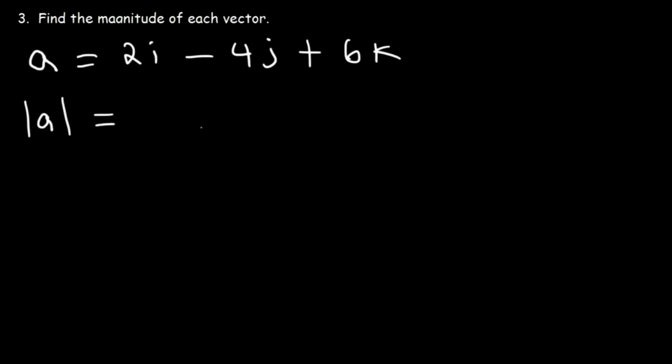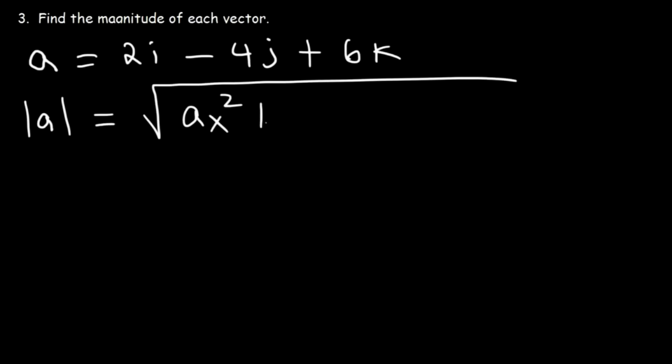Now let's find the magnitude of a vector that has 3 components. Let's say A is equal to 2i minus 4j plus 6k. So the magnitude of vector A in this case is going to be the square root of ax squared plus ay squared plus az squared.